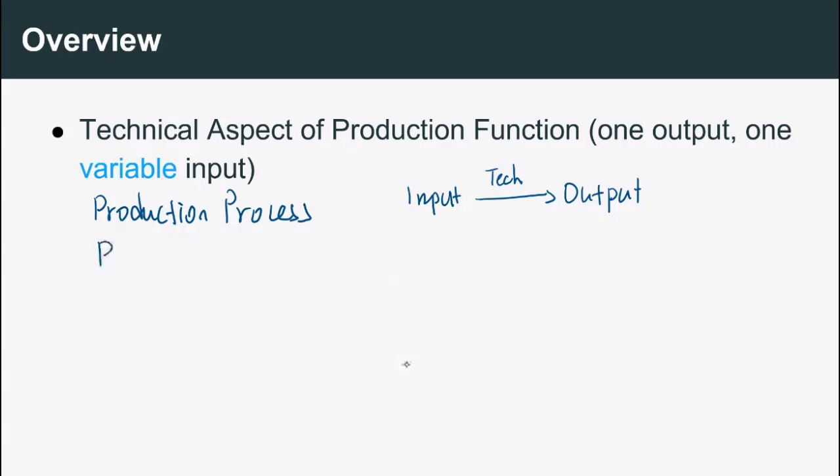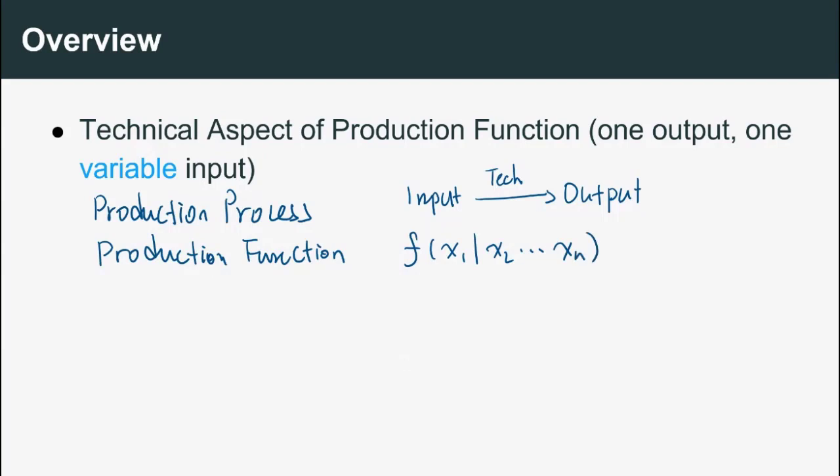And the production function that we covered is actually a short-run production function. And we also talked about the difference between short-run, intermediate run, and long-run. It's basically depending on whether the inputs are fixed, variable, or a mix of those. So we started with a short-run production function where we assume there's only one variable input, and that way we can actually write the production function like this.